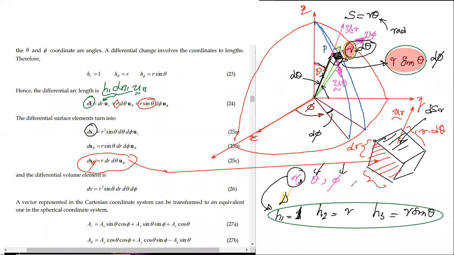This length is equal to r d theta. This length is dr. Therefore, this one represents this surface. This is the surface, right? As well as the theta surface, it means this one. This is the surface. This is the surface area.